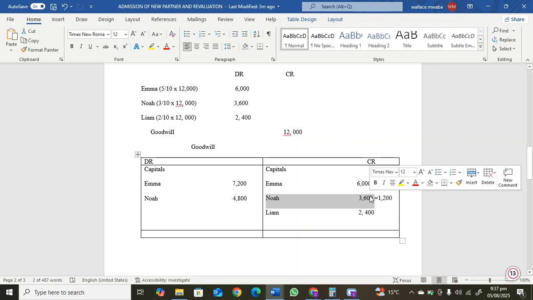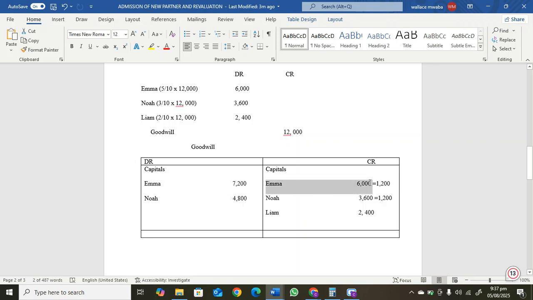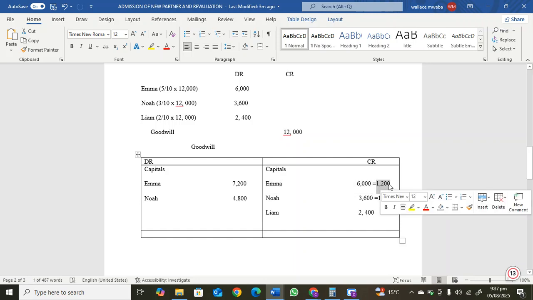So the amount they're entitled to for the goodwill has dropped. Emma was 7,200, now is entitled to 6,000. So there's a drop in the amount she's entitled to for the goodwill. She's made a loss of 1,200 because Liam has come in. Same with Noah.